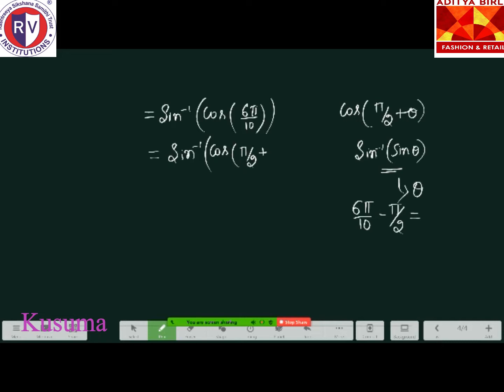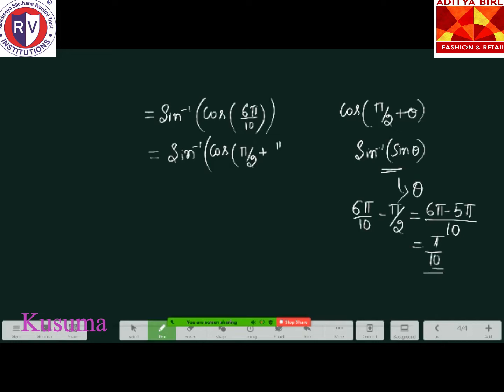How much do we have to add to pi by 2? 10 will be the LCM, right? So here it will be 6 pi minus 5 pi, pi by 10. 6 pi by 10 minus pi by 2 will be pi by 10, right?